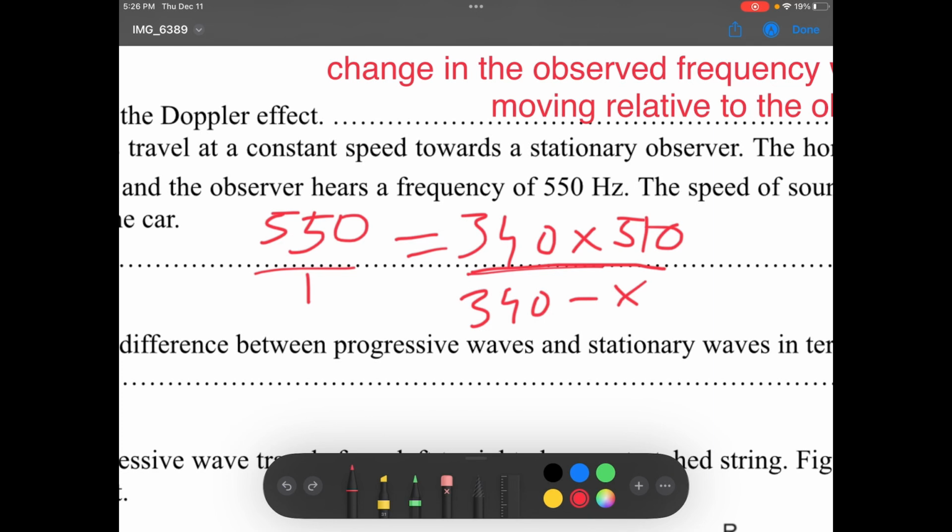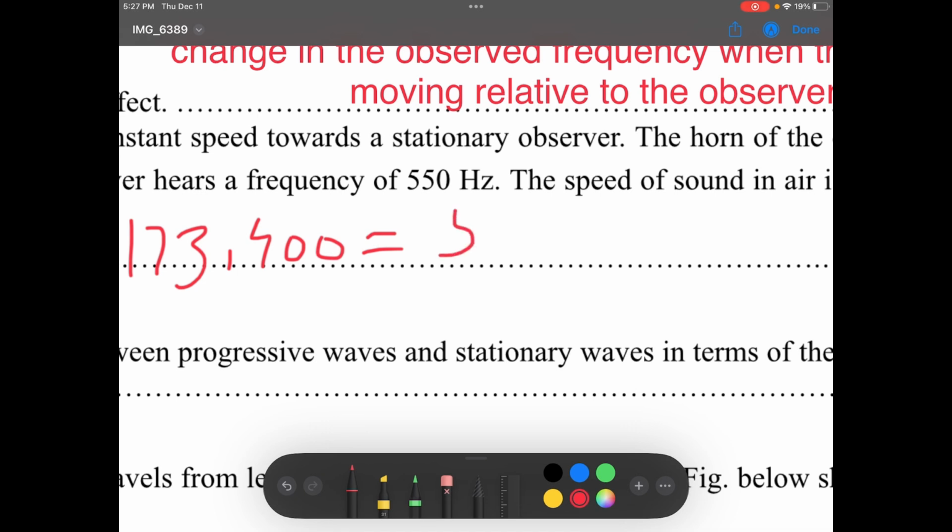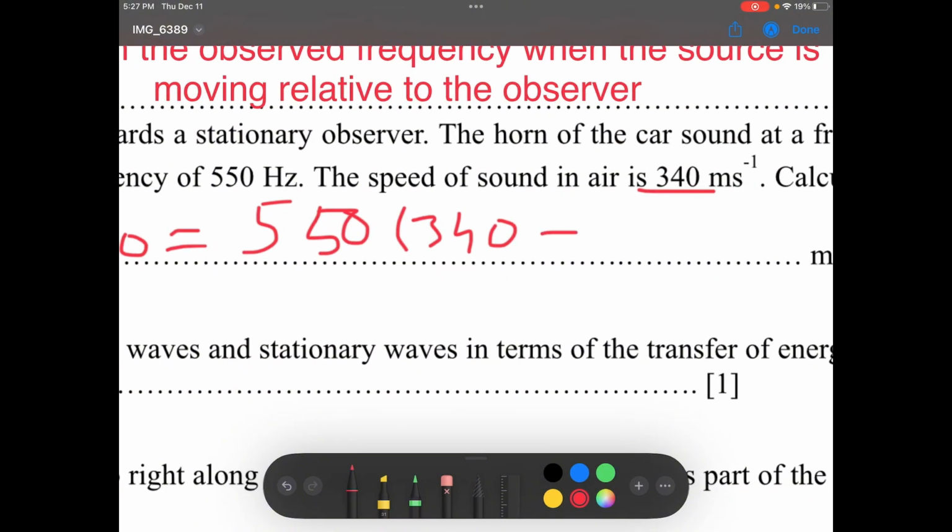We can cross multiply: 340 times 510, which equals 173,400, which equals 550 times 340 minus x.